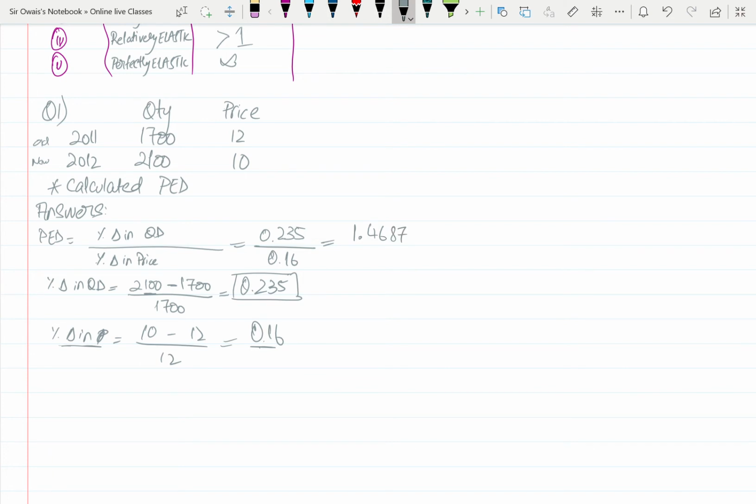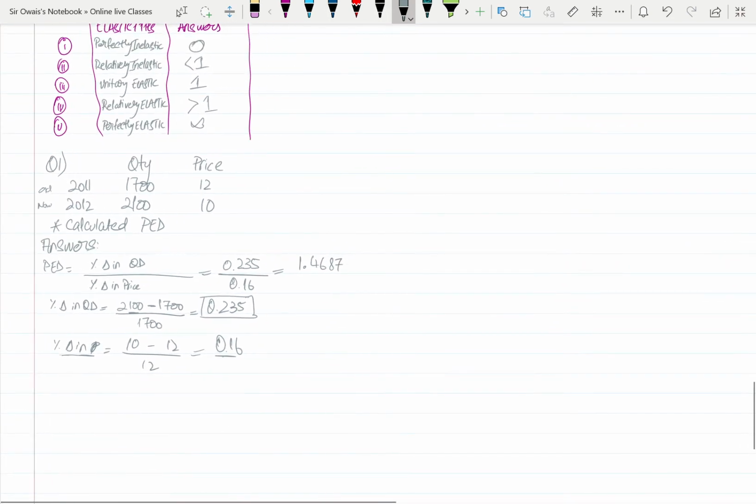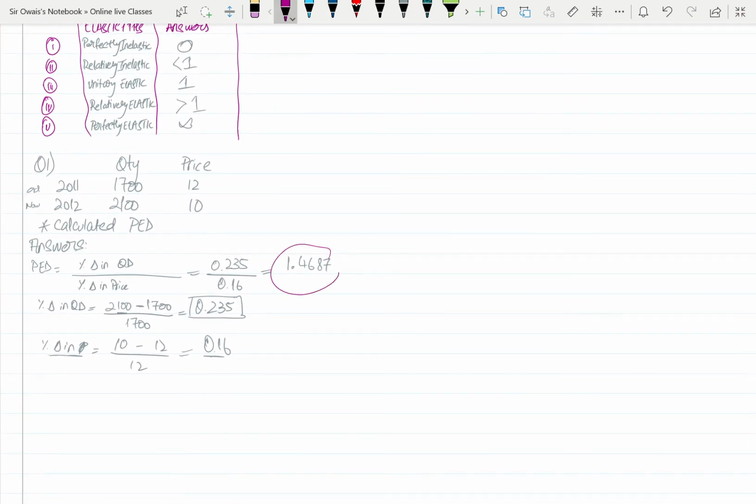The answer is 1.4687. So my answer is greater than 1, which would be regarded as relatively elastic. So I would write relatively elastic.